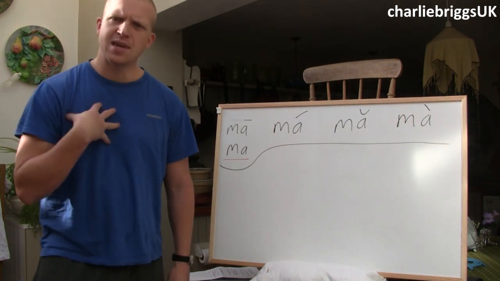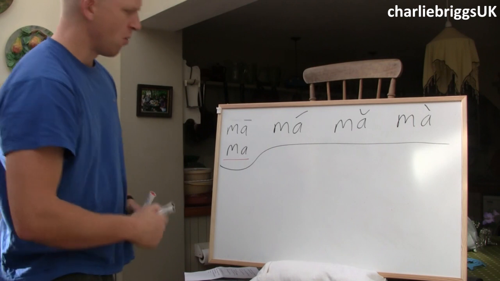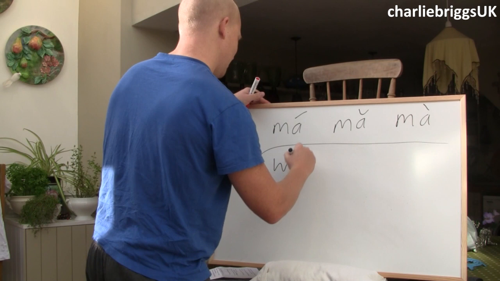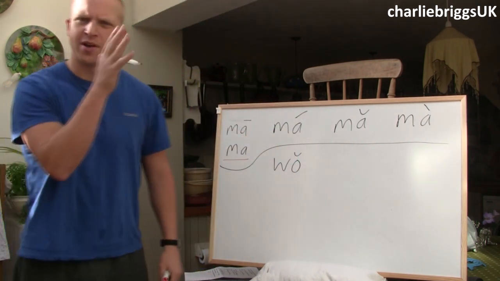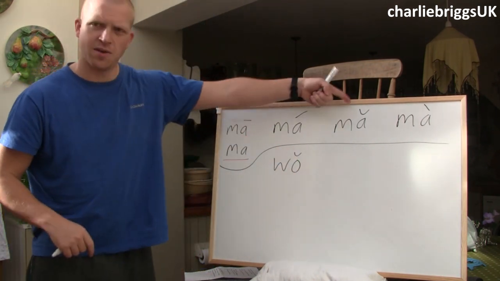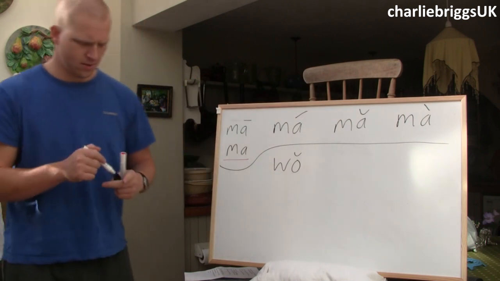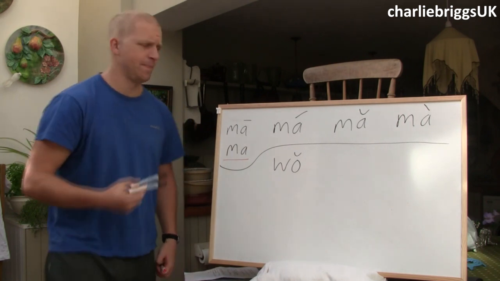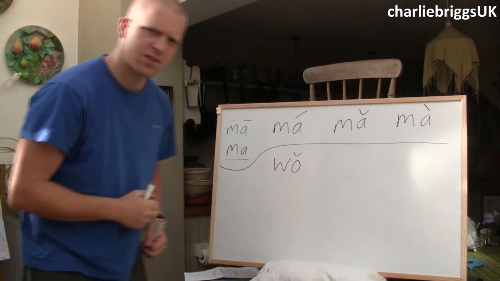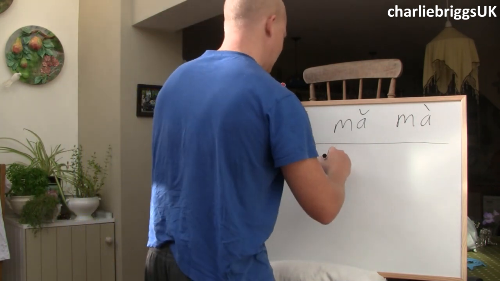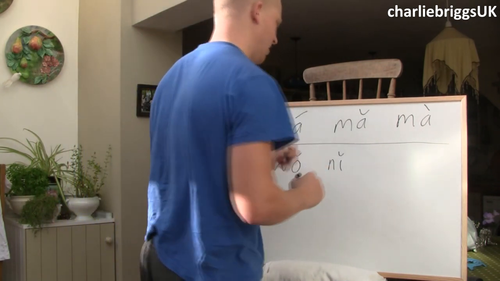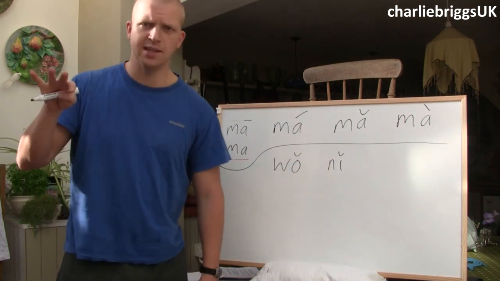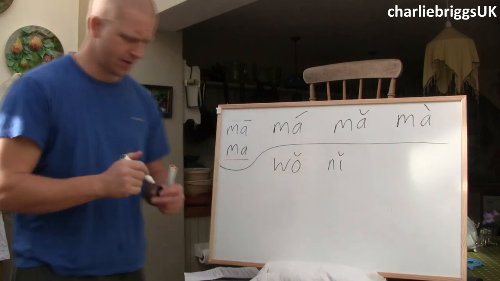So, to say me or I, we say 我. Third tone, descending, rising. 我 means me or I. Now, you, singular, 你. Again, third tone, descending then rising. 你 means you.